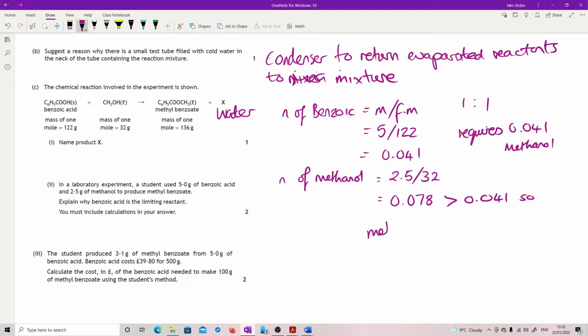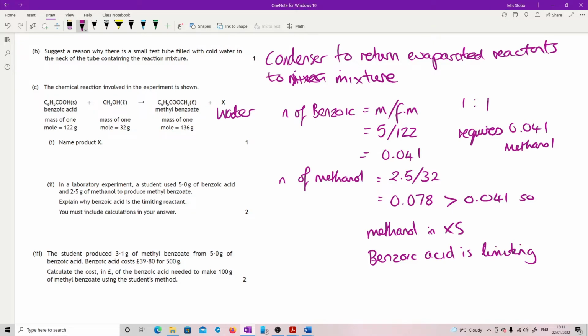So methanol in excess, benzoic acid is limiting. I would not miss any of that off.